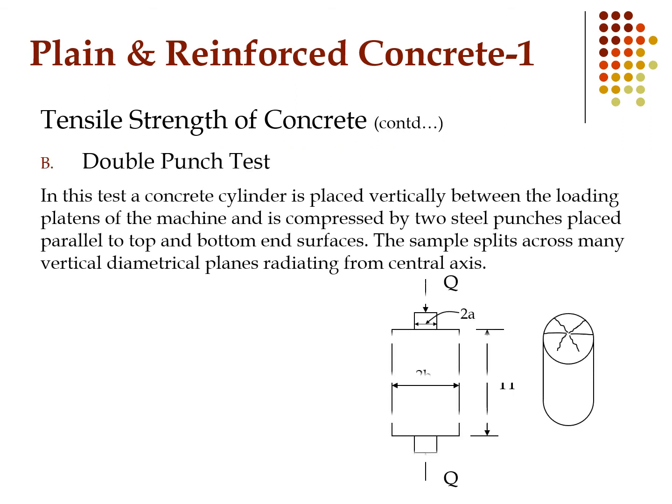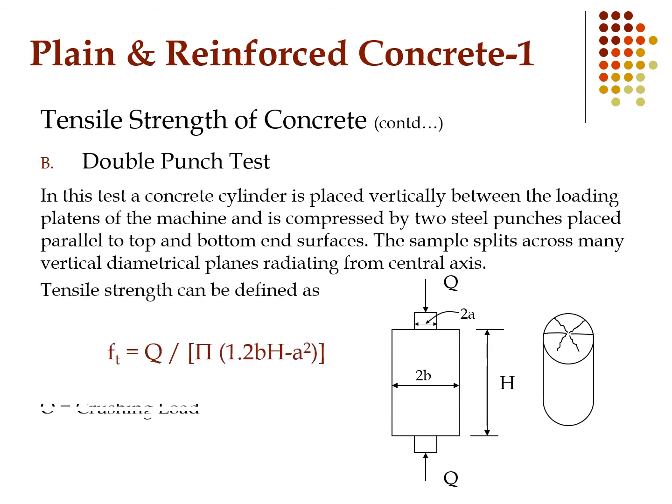Next, another indirect method of measuring tensile strength of concrete is the double punch test. In this test, the cylinder is placed vertically between the loading platens of the machine and is compressed by two steel punches placed at the top and bottom end surfaces.